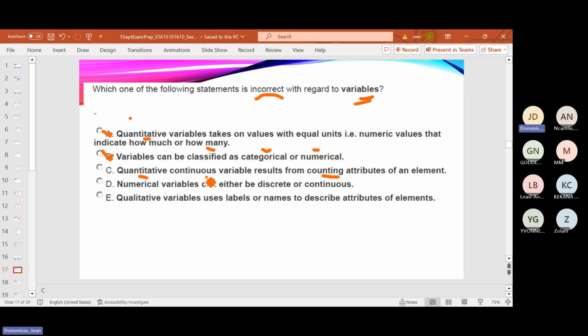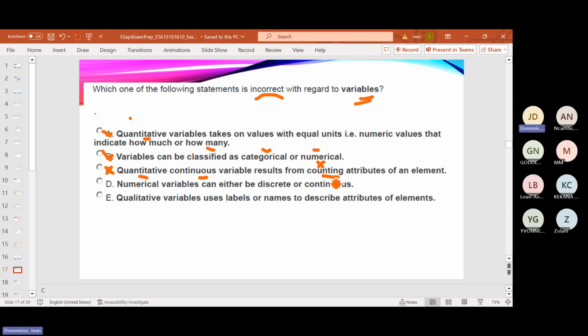Okay, continuous, you're not able to count. So this one is the incorrect one. If it was quantitative discrete variable results from counting attributes, then it is correct. But not continuous, because we can't count continuous.